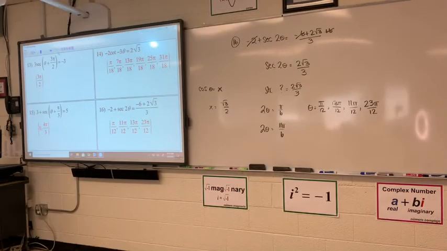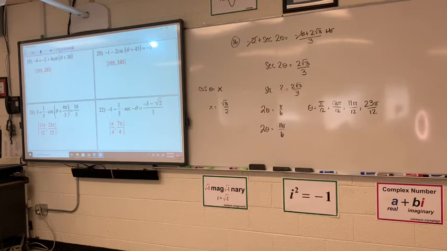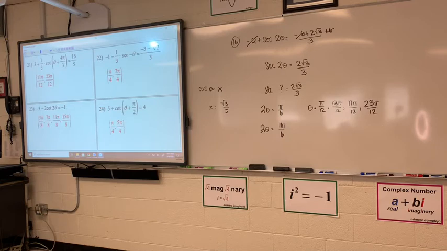Answers. And then these four. Any questions on these four? Good. Okay, and then are these the last ones? Good. We're getting close though. Any questions on these four with the radians?